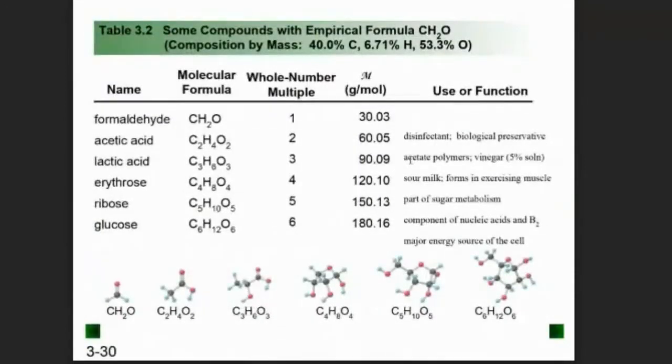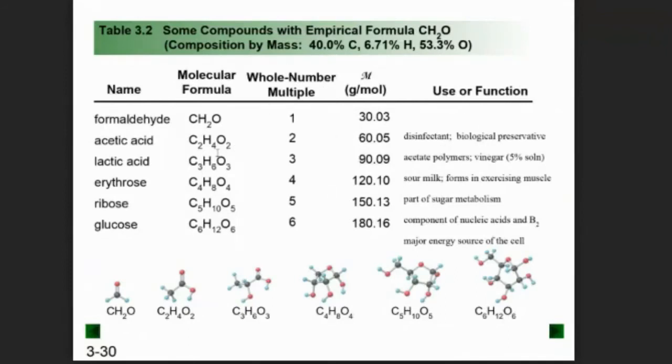Let me just show you the relation between totally different substances. They have the same empirical formula. The empirical formula is the lowest whole number ratio, so it's CH2O for this one. And when we take a look at it, we can see that there are lots of possibilities. The whole number multiple is the n.